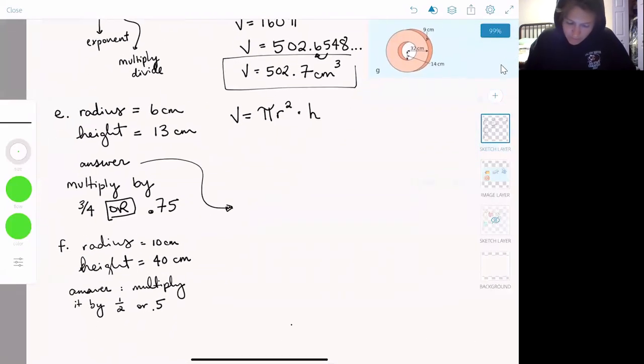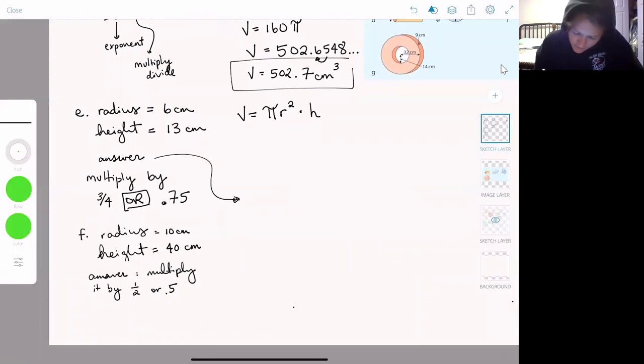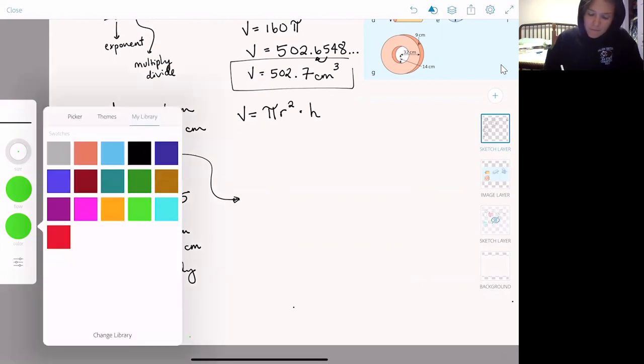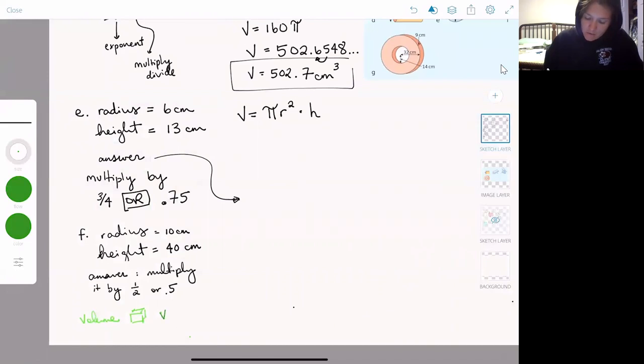And do you remember the equation to find the volume of a rectangular prism? We covered this on Friday. It is volume equals length times width times height.